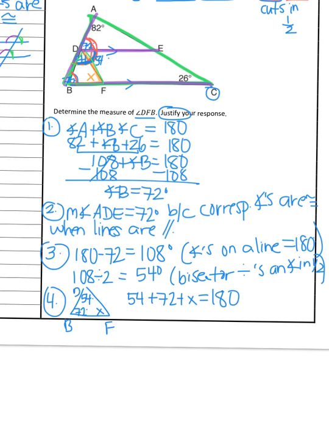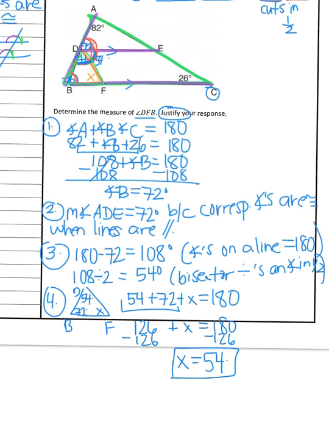So from here, I can go ahead and solve. 54 plus 72 is 126, plus x equals 180. Subtract 126 from both sides, and x is equal to 54 degrees. Let's go up there and restate our answer.